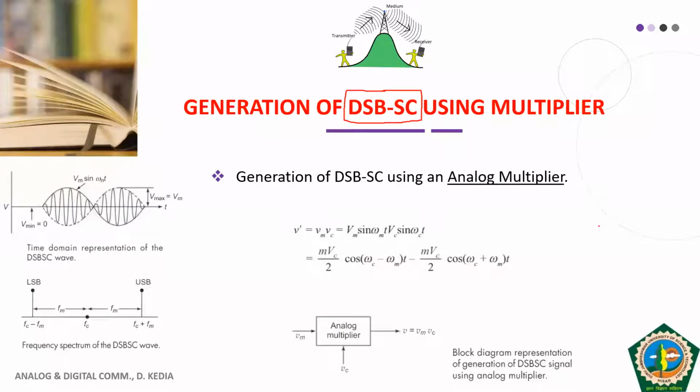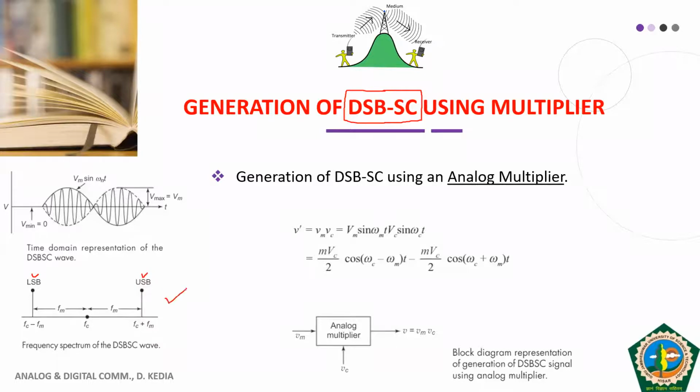I have already talked about double sideband suppressed carrier in detail conceptually, where I told you that we remove the carrier and keep only the lower sideband part and the upper sideband part. The carrier is removed to ensure saving in the power of the AM signal.